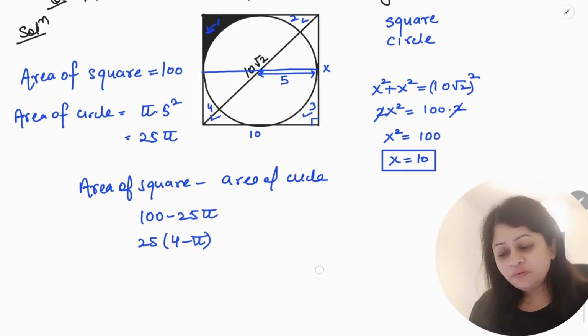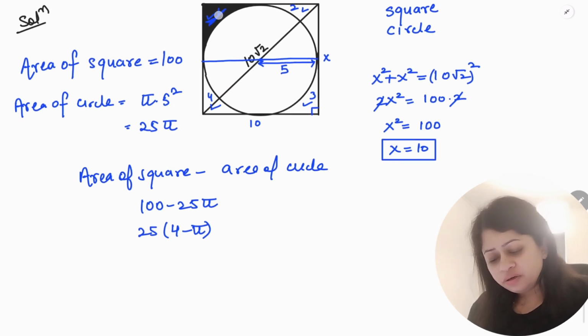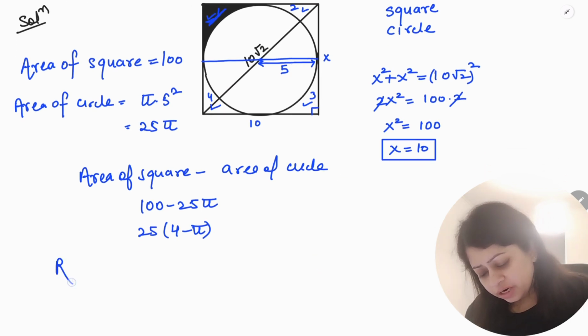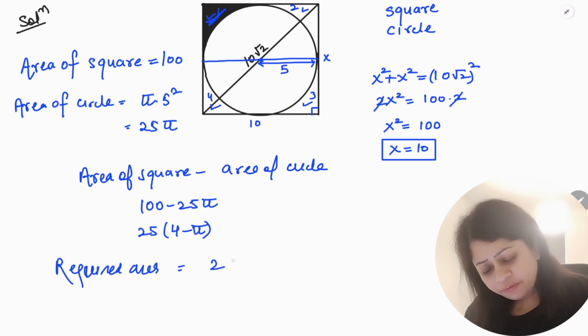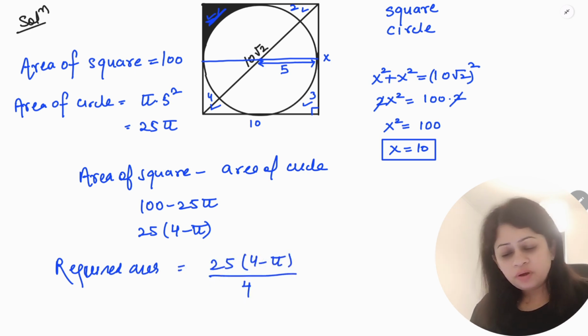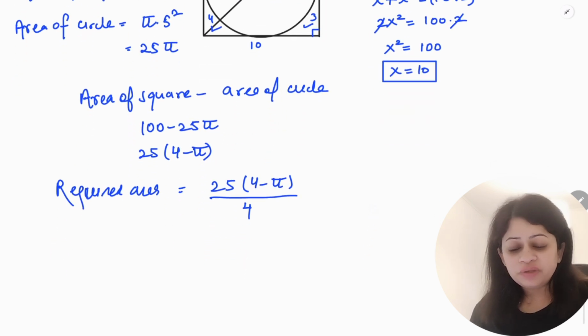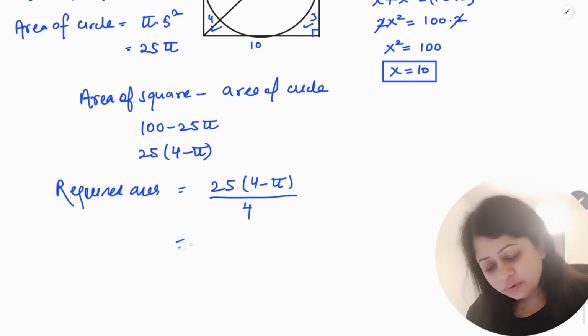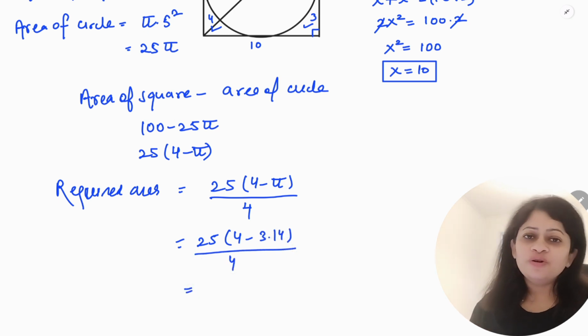But since I need to find the area of only this region, the required area is equal to 25 times (4 minus pi), divided by 4. This is the answer. You just need to substitute the value of pi, which is 3.14, and divide by 4, which we can solve on a calculator.